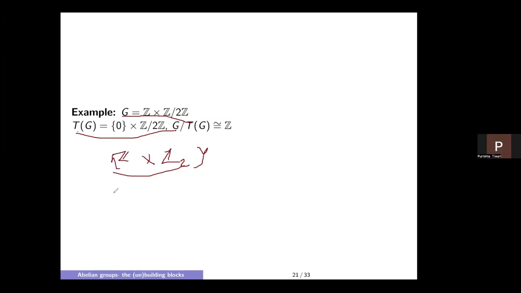With the operation, the torsion part would essentially form E, comma, Z2, which has elements of the form 0, comma, 0, and then 0, comma, 1.